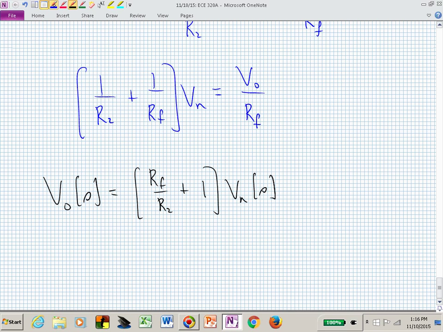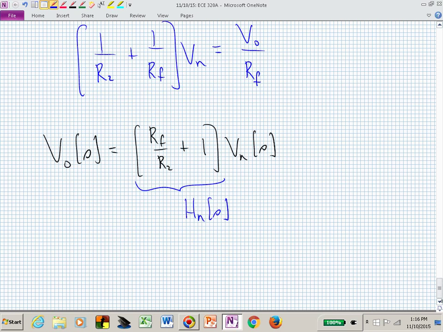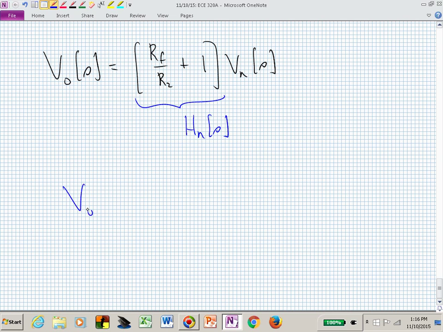And let me call this transfer function h sub n of s. Which now I can say that V sub o of s is h sub n of s times V sub n of s. But is there a relationship between V sub n and V sub p in this circuit?